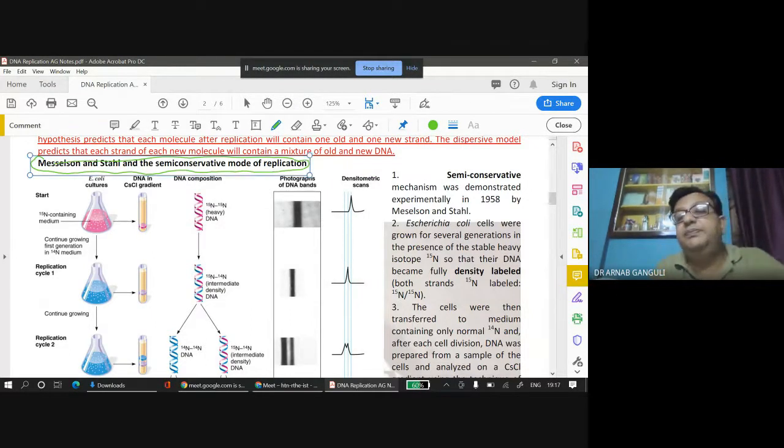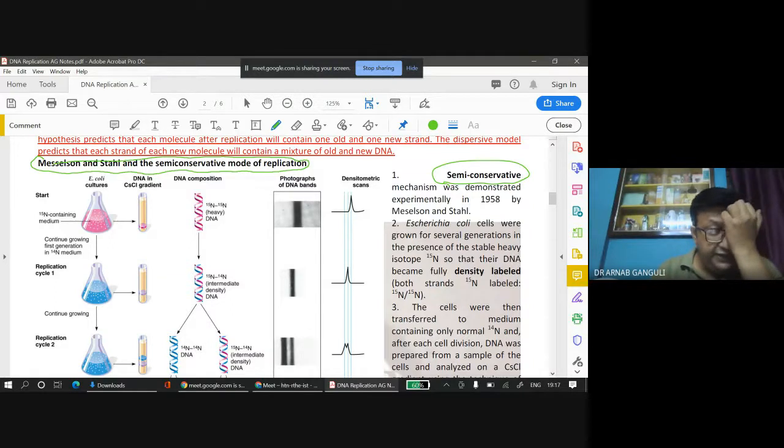And from this, they proved that the DNA replication was of the semi-conservative mode. You know that nitrogen has got two isotopes. One is N15, which is heavier nitrogen, and one is N14, the lighter nitrogen. So normally, inside our cell, in our body, we have the N14. Our DNA has got N14, the lighter version.